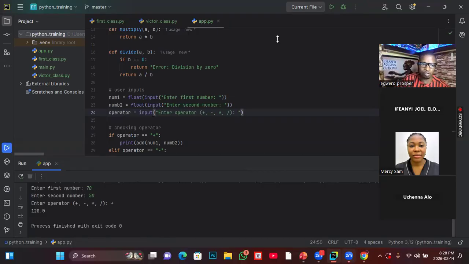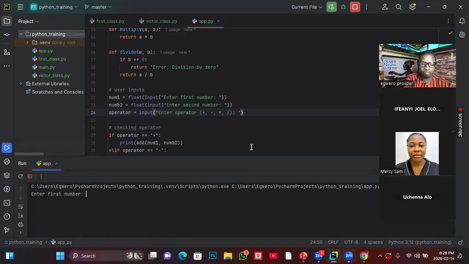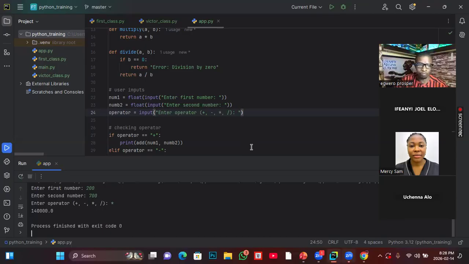I can take it again. Let's try for another operator. So let me give it 200 and 700, and then I am giving times, and then it multiplies the two values. So you can try it for division, and let me also try it for division.